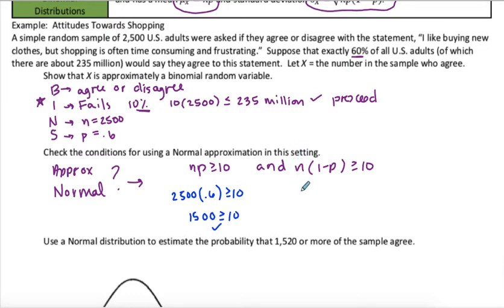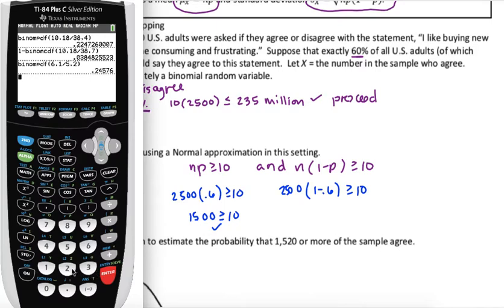And then here I'm going to do n, 2,500, times 1 minus 0.6, making sure it's also bigger than or equal to 10. And I get 100 here. That doesn't seem right. Let me double check that. 2,500 times 0.4. I think it's bigger than that.